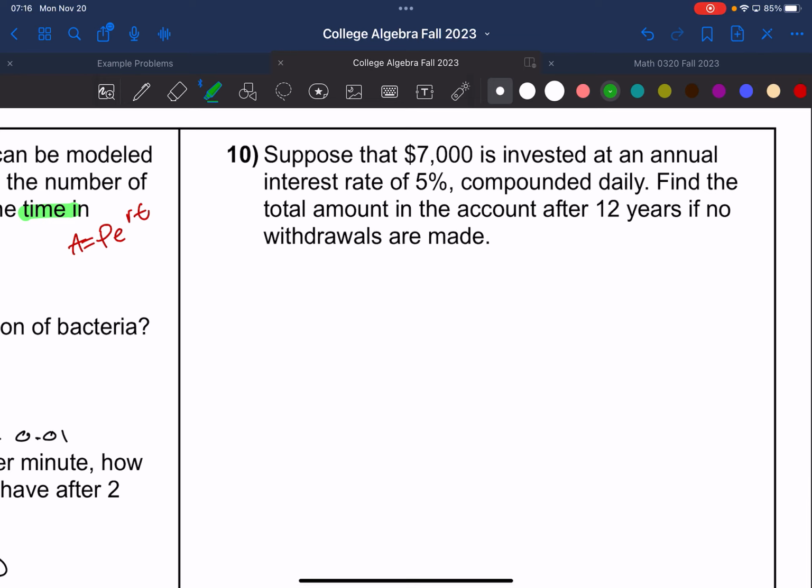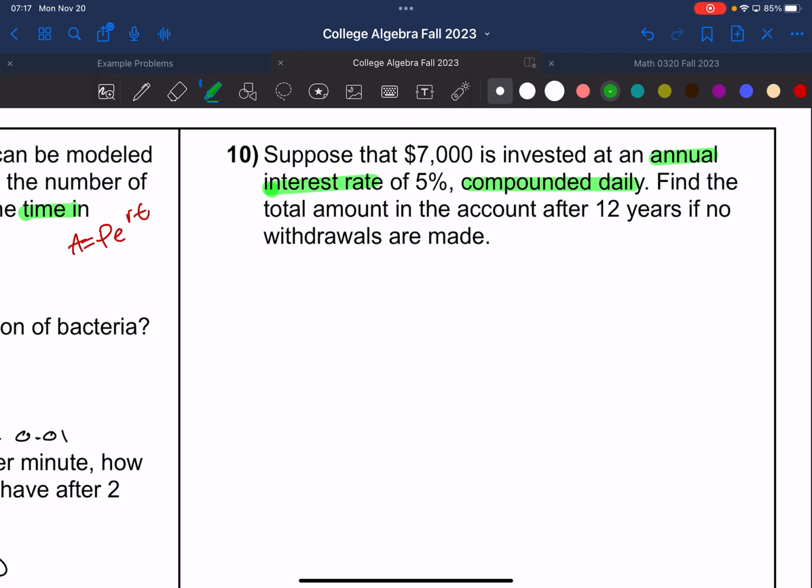Number 10 says, suppose that 7,000 is invested at an annual interest rate of 5% compounded daily. That right there is telling us what formula we're using. Find the total amount in the account after 12 years if no withdrawals are made.